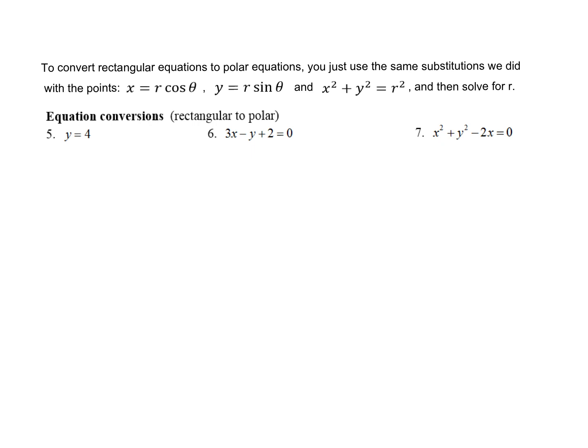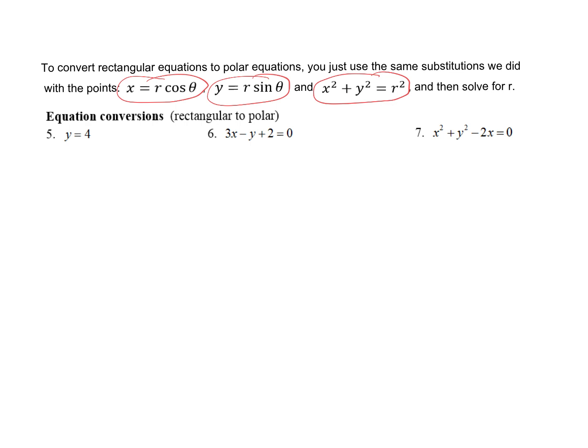Okay, let's go to conversions of equations. We're using this same exact conversion, so same formulas here, and we've got them written down here. To convert rectangular equations to polar, you just use the same things. We know what x is, we know what y is, and we have this equation here.